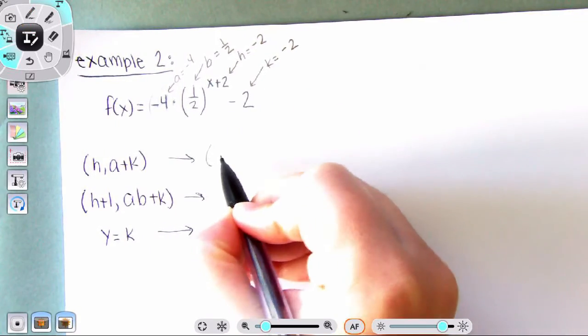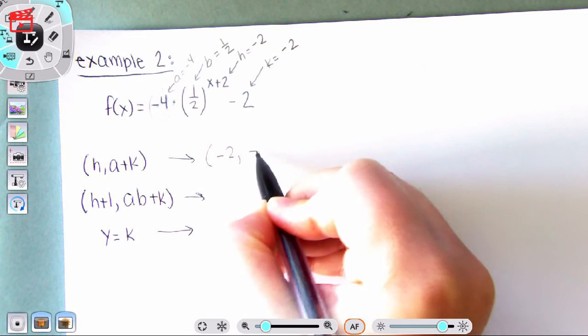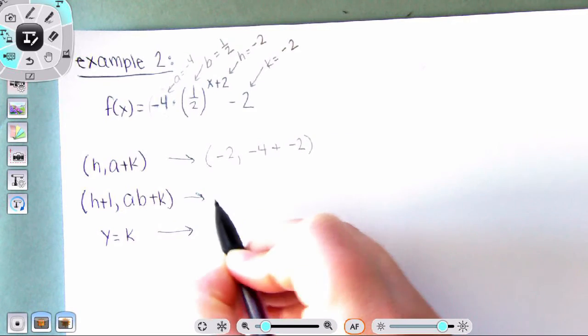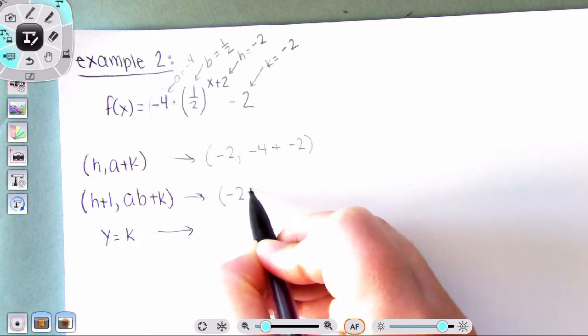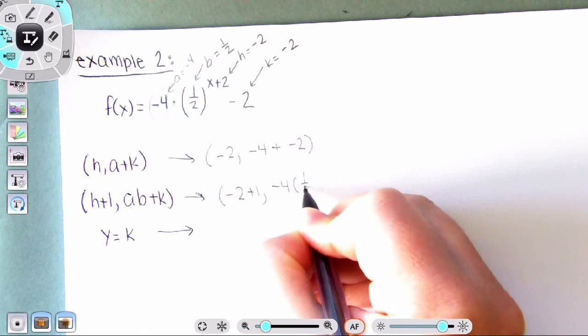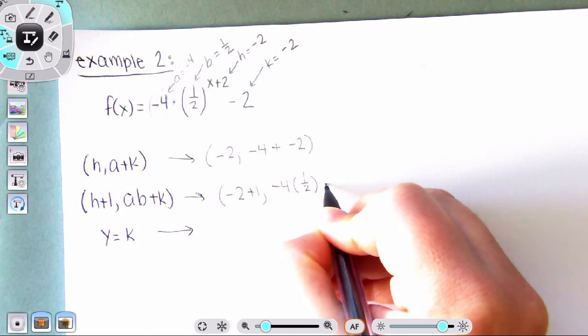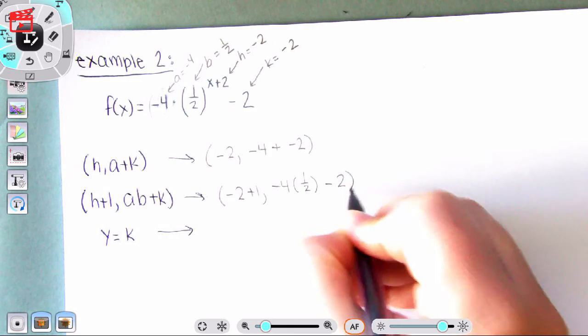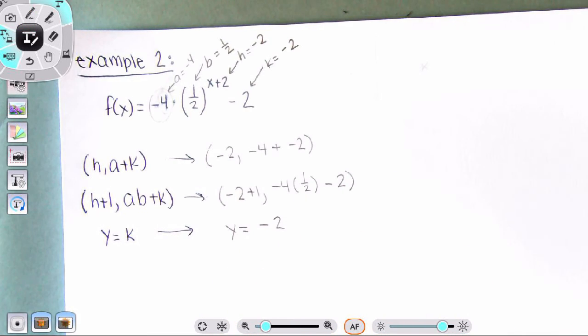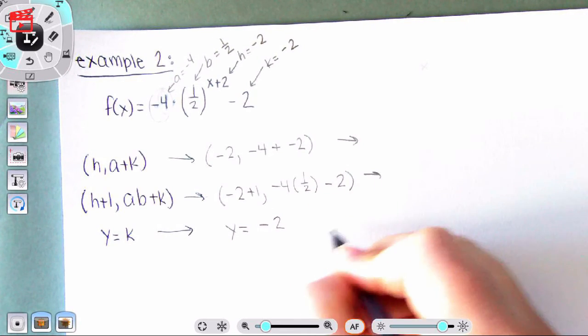H is -2. A is -4 plus K is -2. H is -2 plus 1. A is -4 times B, which is 1/2, plus K, which is -2. Y is equal to K, which is -2. Let's simplify these.